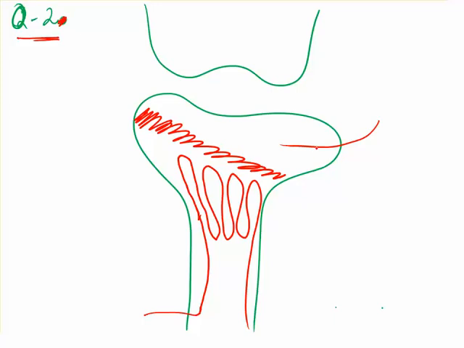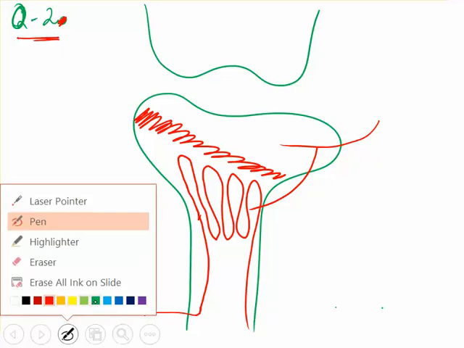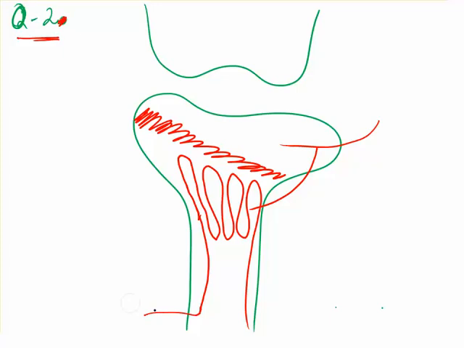So there will be a connection between these two vessels, that is transphyseal vessel. Now the infection, the bacteria is in the blood, and it is going to the metaphysis, and in the metaphysis the blood flow slows down in the hairpin bend or in the U-shaped area.